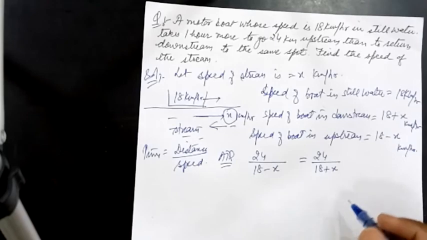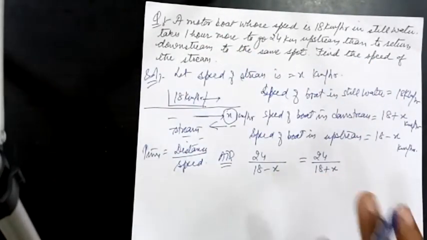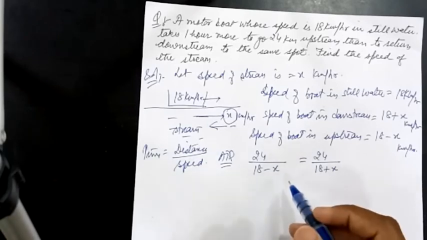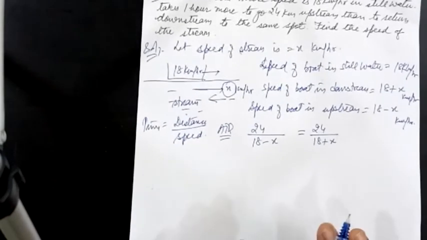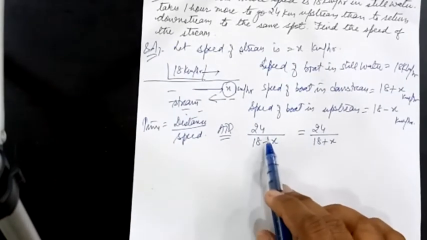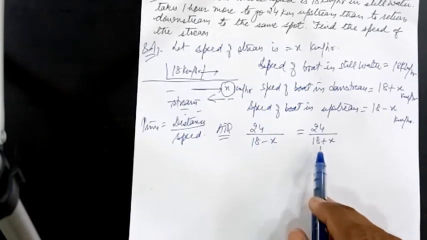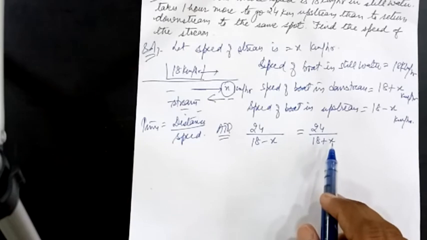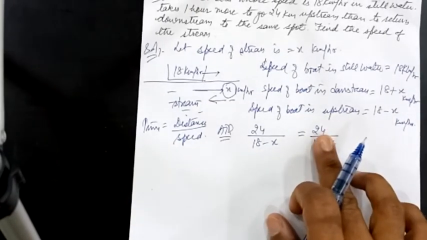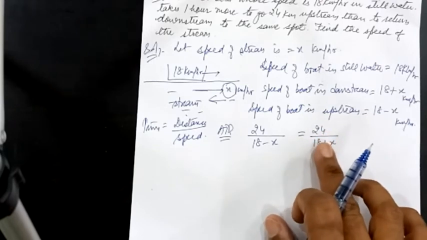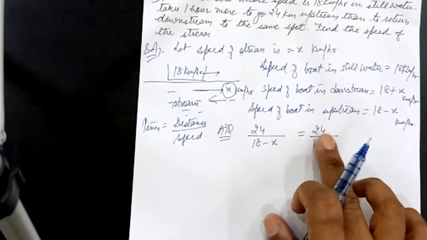So the difference of 1 hour is there. This is the time for upstream and downstream. Just think about where this difference of 1 hour should be added. The denominator of this term is less than the denominator on the other side, so the value of the term on the RHS will be less because the denominator is more.